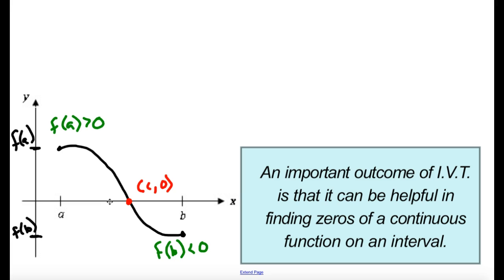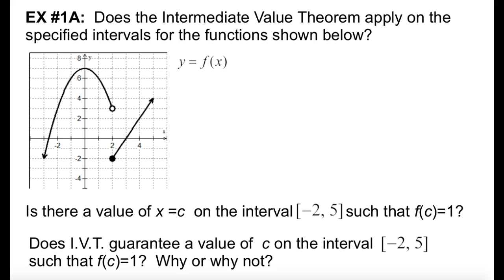So let's take a look at a couple more graphs here. First we want to figure out, does the intermediate value theorem apply on the specified intervals for these two functions? So here in this first graph, is there a value of c on the interval -2 to 5, so I'm going from -2 to 5, such that f of c equals 1?